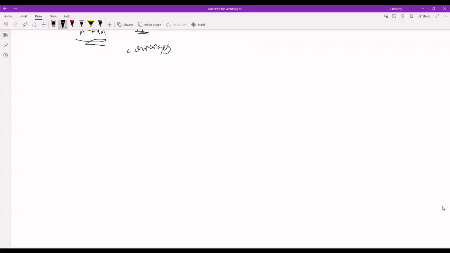Oh, I've reached the bottom of the notepad, hopefully it'll let me go farther down. So 28 is e to the 1 over n, over n squared. Now, this one is a little trickier, but what we can do is an integral test.